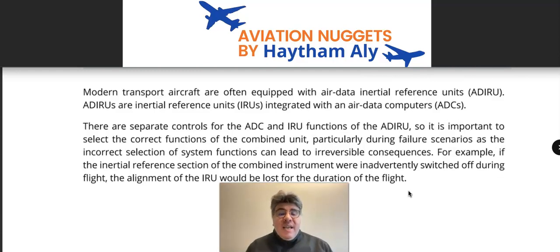Also, I need to tell you that the alignment time depends on the latitude. So it differs from location to location. And probably it takes from 10 to 20 minutes according to the latitude of the country or the location where you do the alignment.